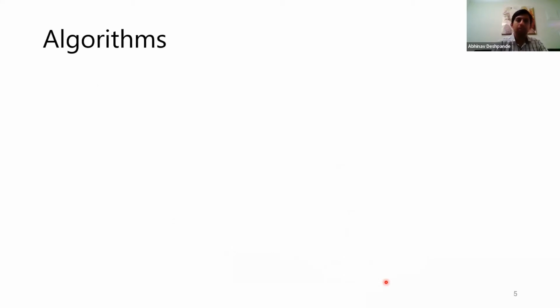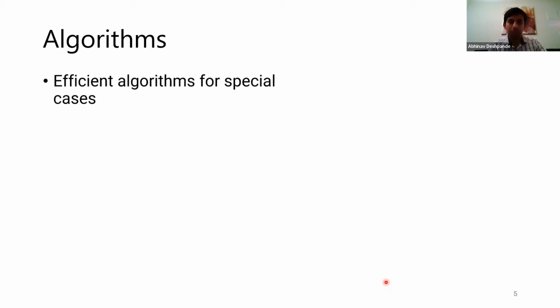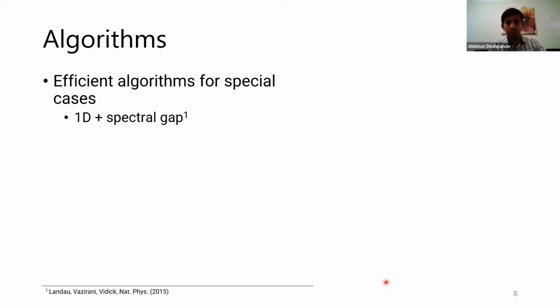So let's look at what algorithms have to tell us for this problem. We do know of efficient algorithms for some special cases, such as if you are assured that your qubits all lie on a line with 1D connectivity, and you also know that there is a spectral gap, meaning that the lowest eigenvalue and the next lowest eigenvalue are separated by some constant amount, then we know of an efficient classical algorithm to find the ground state energy.